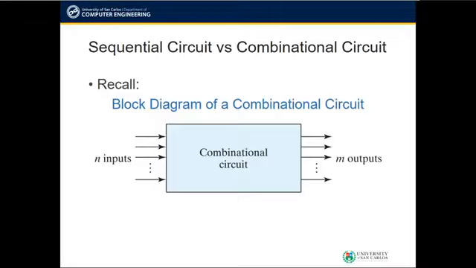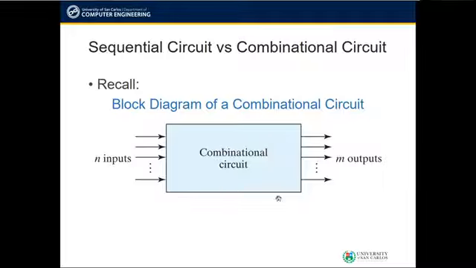To start our discussion, let us recall the basic differences between combinational circuits and sequential circuits as mentioned in Unit 3. We have here a block diagram of a combinational circuit. As discussed in Unit 3, combinational circuits consist of logic gates whose outputs at any time are determined from only the present combination of inputs.